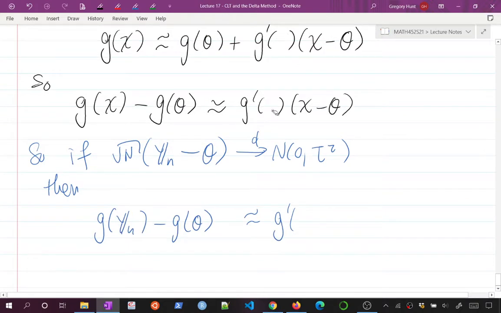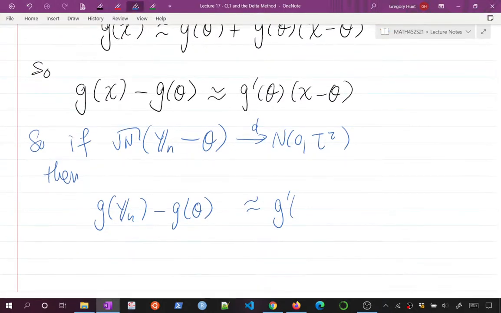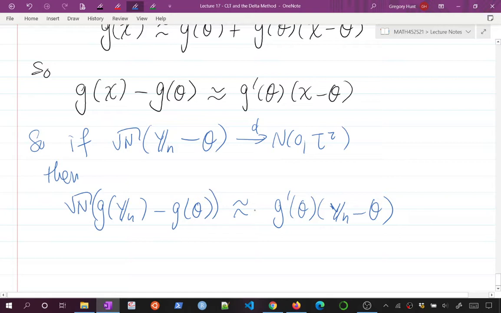This is theta, right? Gotta get my Taylor approximation. This should be a theta in here. This should be approximately g prime of theta times yn minus theta. And so if I multiply by root n out here, and then root n out here, this is g prime theta times root n times yn minus theta.